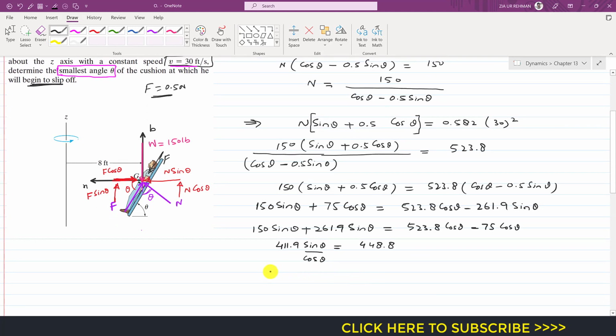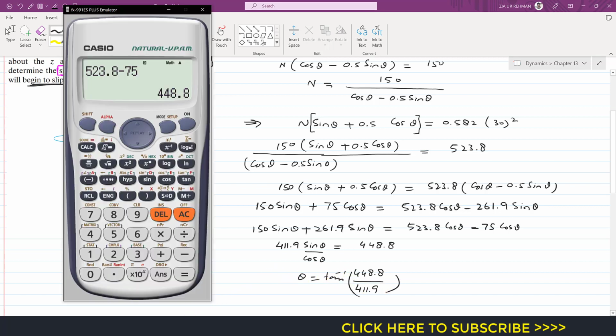So we can say that 411.9 tan theta equals 448.8, and if I divide both sides by 411.9, this ratio will be equal to tan theta, and if I take tan inverse, we will get the required theta.